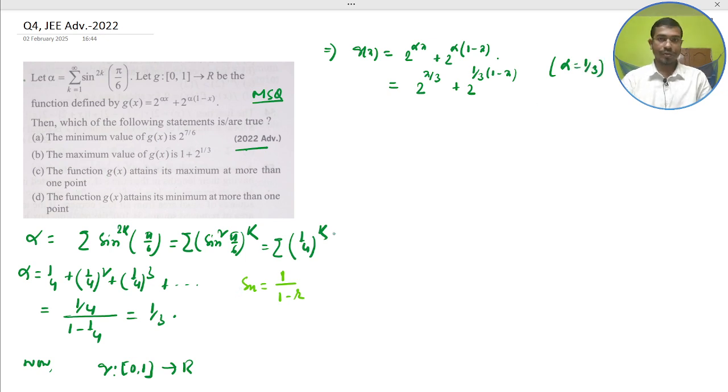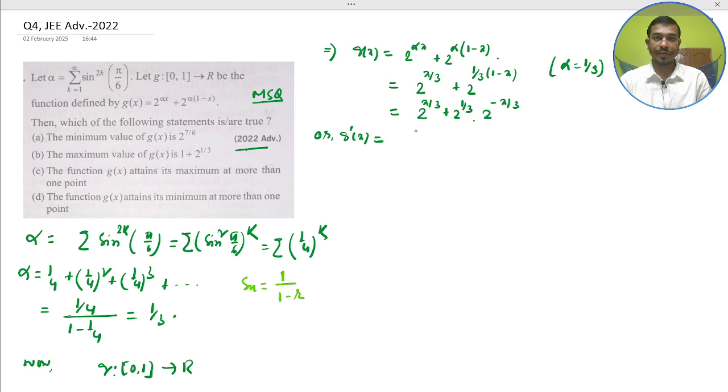So this would become 2 to the power x by 3 plus 2 to the power 1/3 into 2 to the power minus x by 3. So you have to find the first order derivative of this function, g dash x.